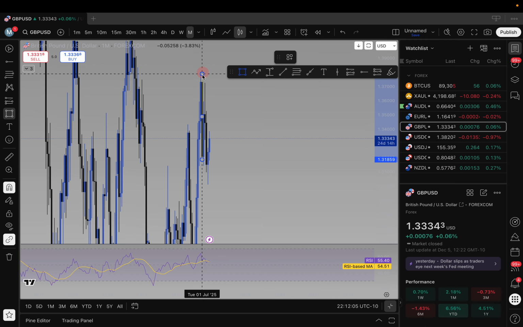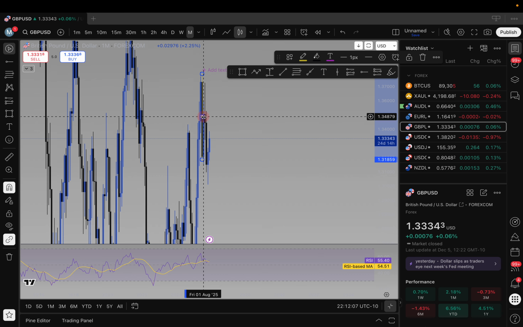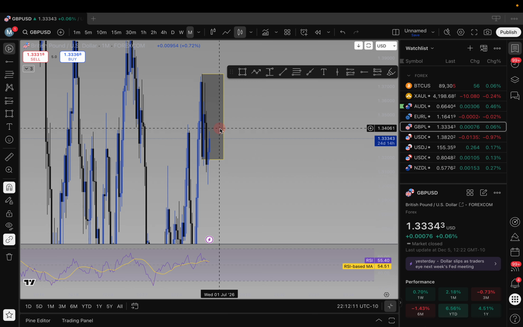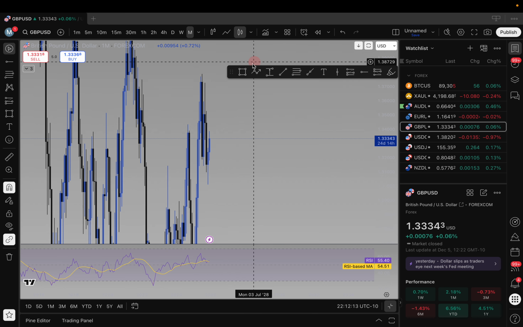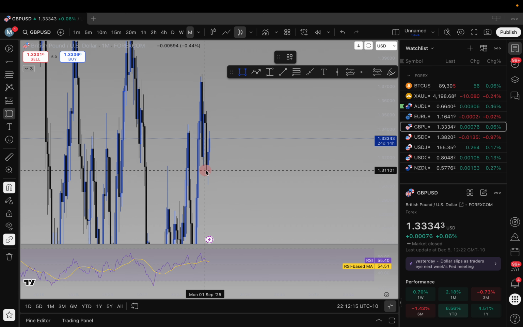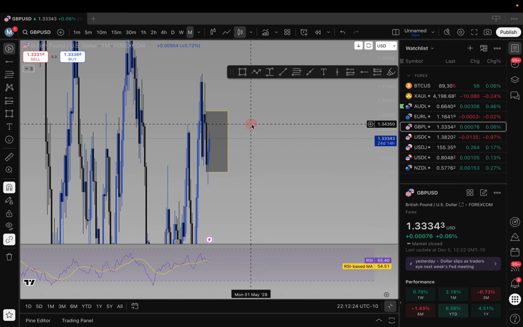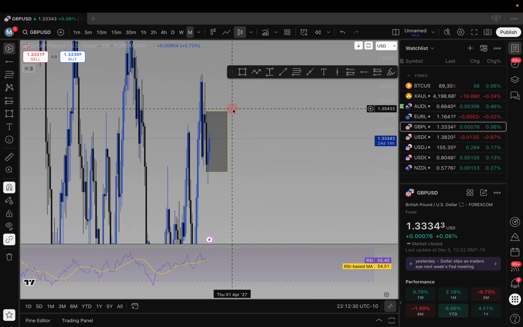This bearish candle, and then it broke again. Bearish candle right there. So now we know that GU is bearish, right?